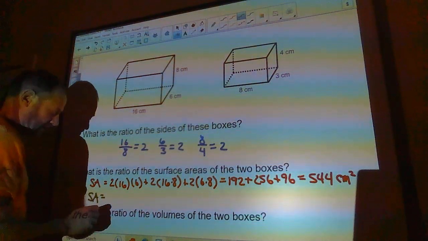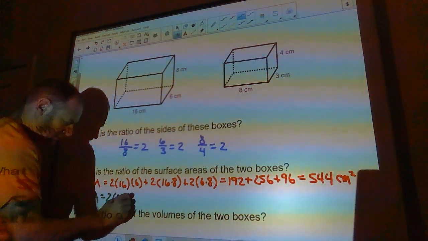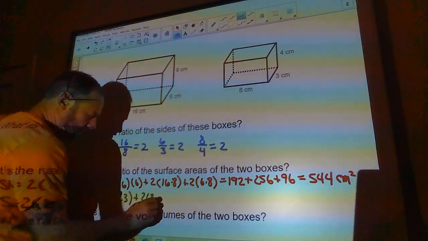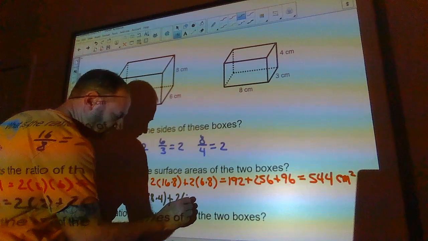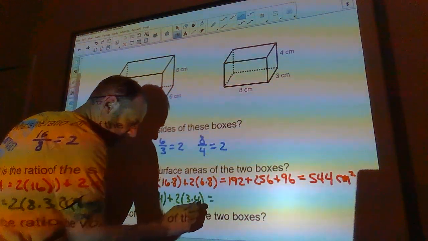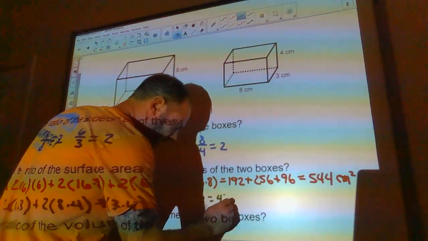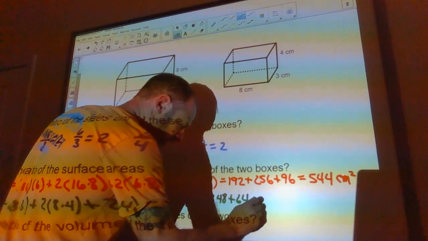So that's going to be 2 times 8 times 3 plus 2 times 8 times 4 plus 2 times 3 times 4. Okay, so that's going to be 24 times 2, that's 48. And that's 32 times 2, that's going to be 64.